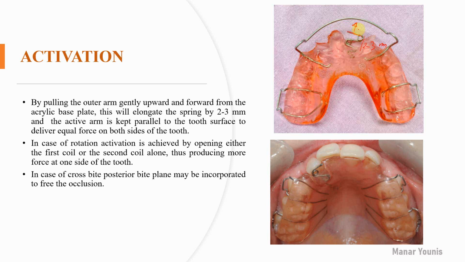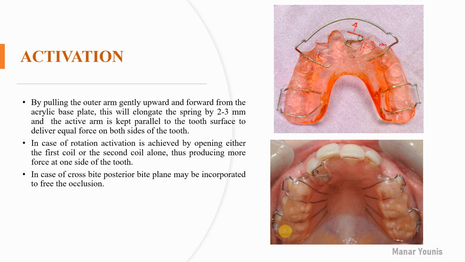This will allow the application of the desired movement and equal amount of force will be applied on both sides of the tooth. In case of correction of rotation, activation is achieved by opening only one coil, either the first coil or the second coil, thus producing more force on one side of the tooth, which is the side that needs to be corrected.